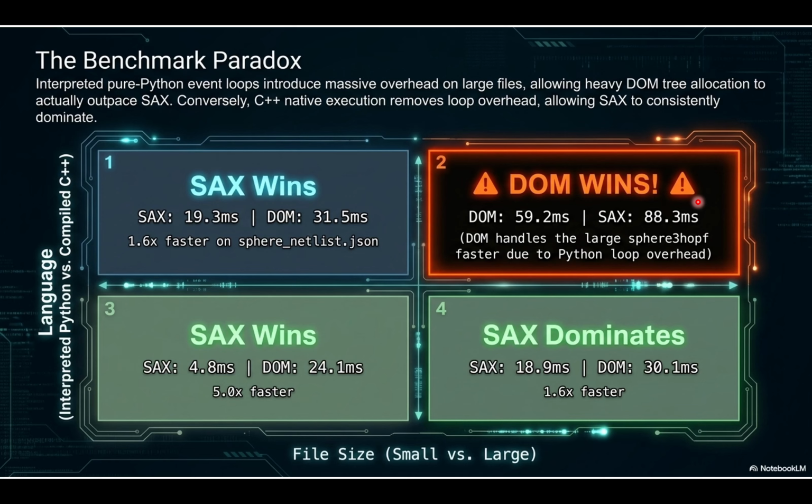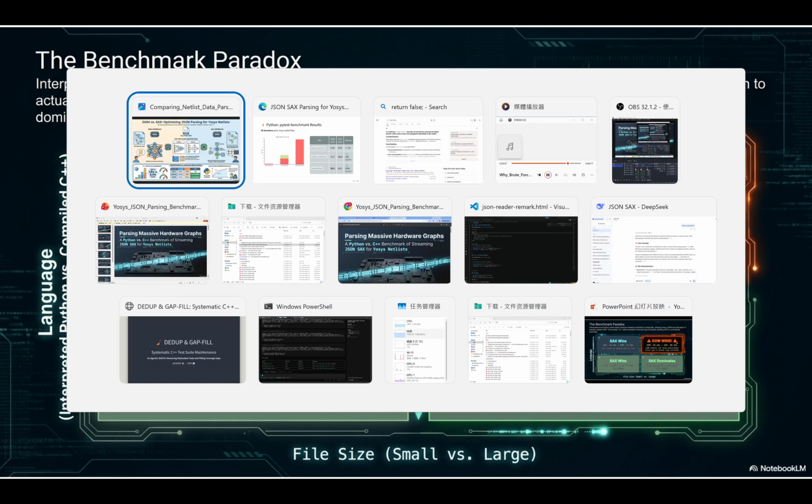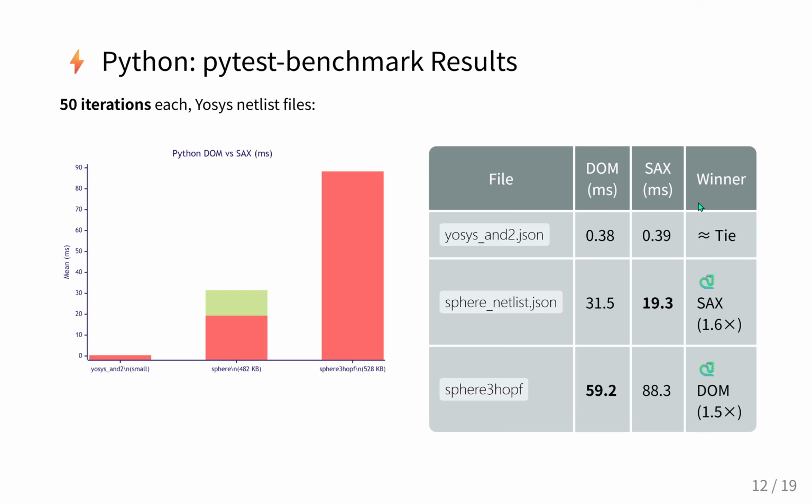That C code brute forces the massive tree into memory, allocates a huge block of RAM all at once, and then hands the finished object back to Python. Wow. On the medium file, the overhead of Python creating all those memory objects made DOM slower. But on the huge file, the sheer volume of Python-level SAX events was so overwhelming to the interpreter that the brute force memory allocation of the C backend actually became the faster path.